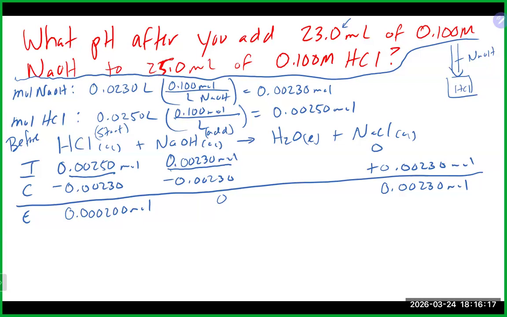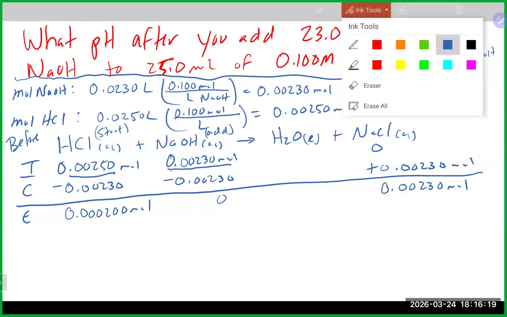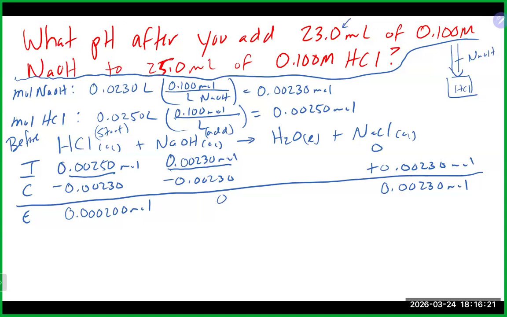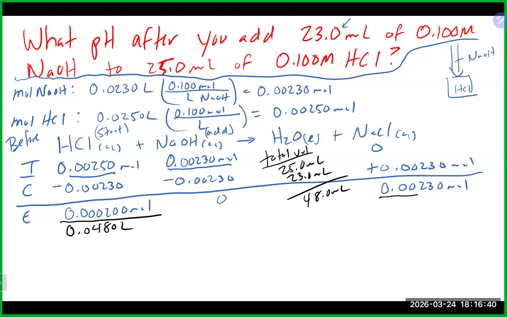At this point, we do want to convert everybody back into molarity. Our total volume at this point is we started with 25 milliliters. We added 23 milliliters. That's 48 milliliters. So we're going to divide these by 0.048 liters.